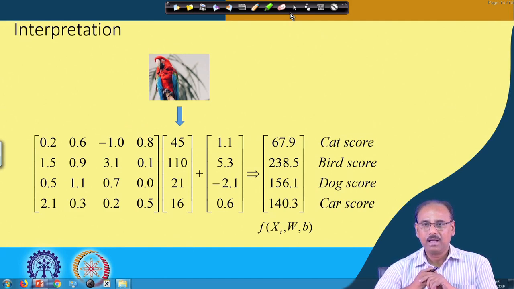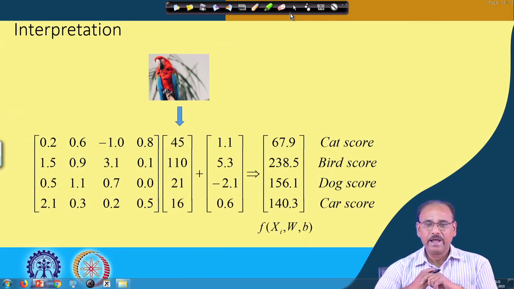And as you know, when you take the dot product of two different vectors, the dot product gives you a measure of similarity. That is, if the two vectors are similar, then the dot product will be higher. If the two vectors are dissimilar, then the dot product will be lower.